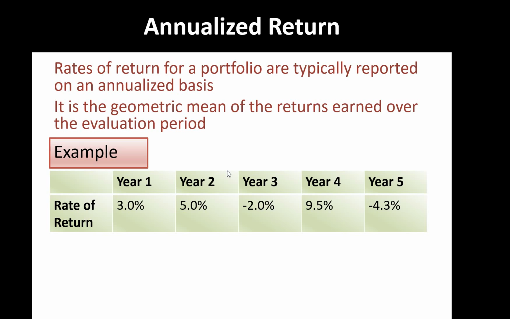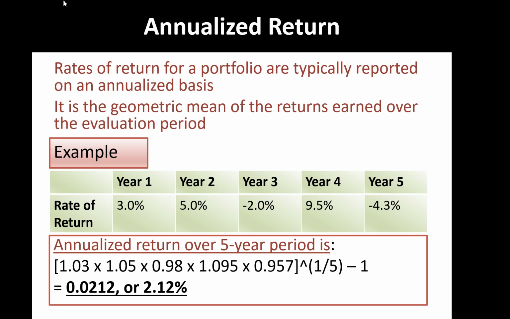One example of a case where you would maybe need to do some calculations for this is if you're getting a rate of return series for a series of years. So for example, let's say year 1 was 3% annual return. Year 2 return was 5%. Year 3 return was negative 2%, and so on. If you were asked to calculate what the effective annual rate of return was over a 5-year period, you simply do the chain linking again.